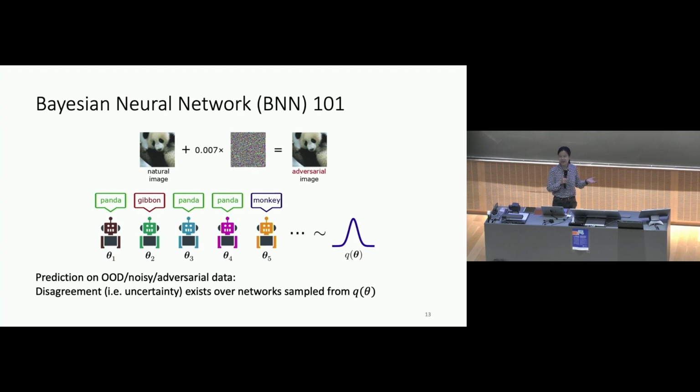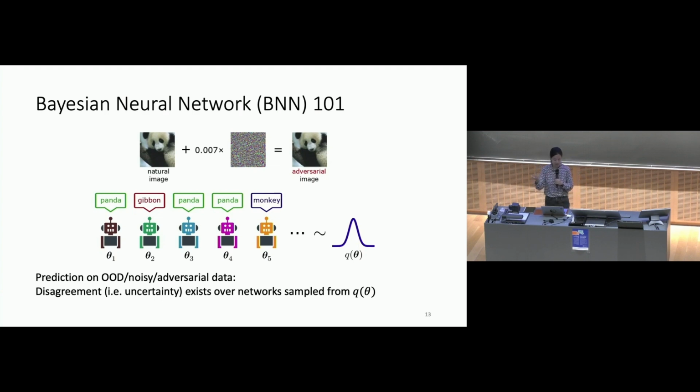But the important point here is that if you have diverse solutions in this Q distribution, then these different neural networks can disagree with each other. So at the end of the day, even when you make the wrong prediction, because of the disagreement, which represents model uncertainty, you can tell that the Bayesian neural network is uncertain about its prediction on this out-of-distribution example.